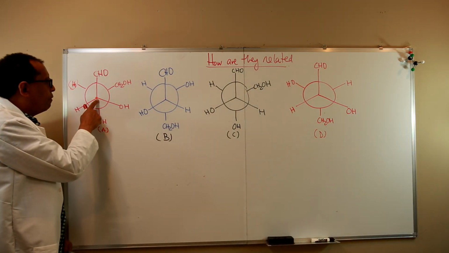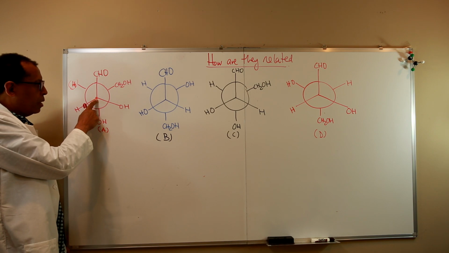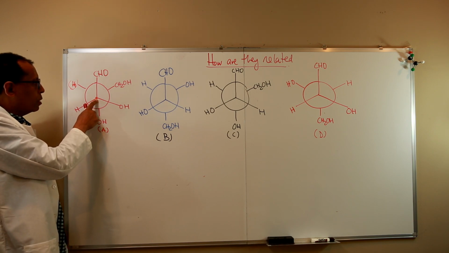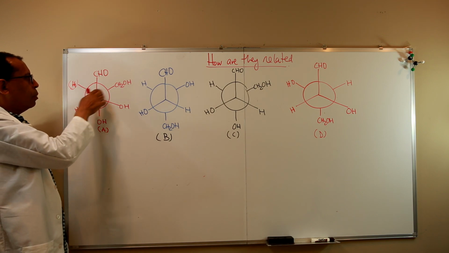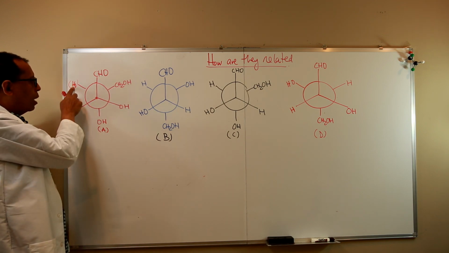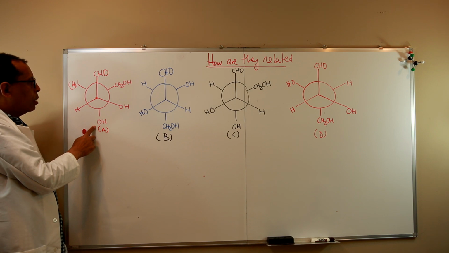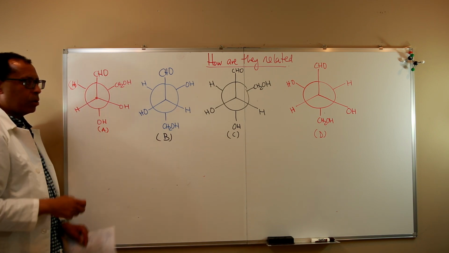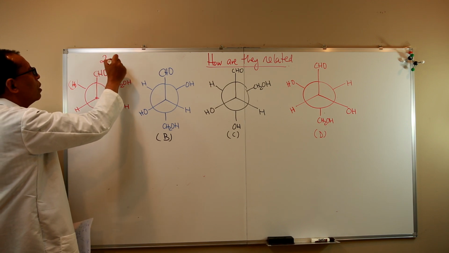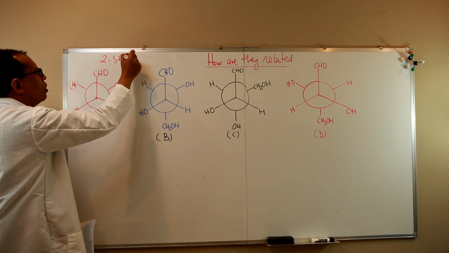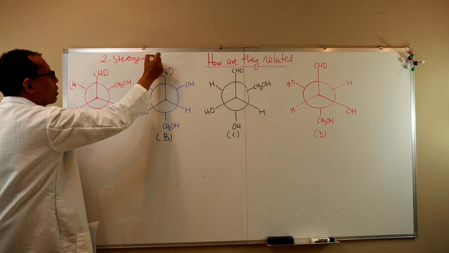One is at the front carbon, right here. That carbon is a stereogenic center, and remember there is another carbon which is containing this, that, and this group. So that's also another stereogenic center. So each one of them has two stereogenic centers.